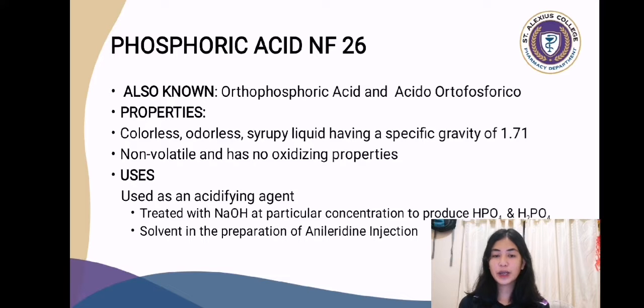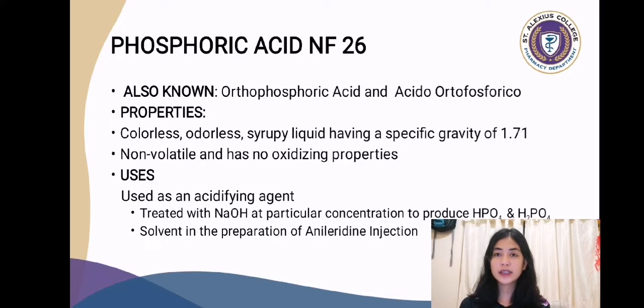Next is phosphoric acid NF26, with the other names orthophosphoric acid and acido-orthophosphorico. It is a colorless, odorless, and syrupy liquid having a specific gravity of 1.71, non-volatile, and has no oxidizing properties.